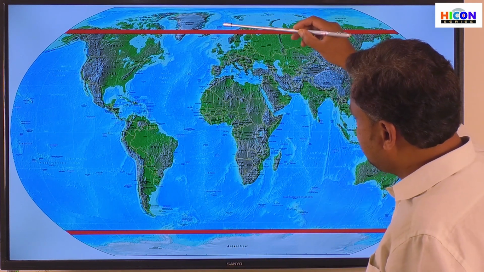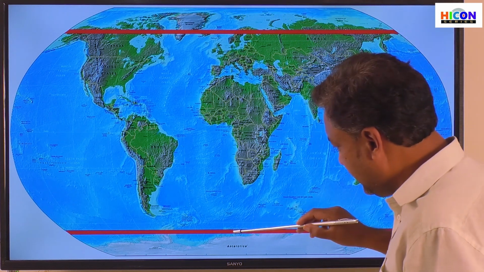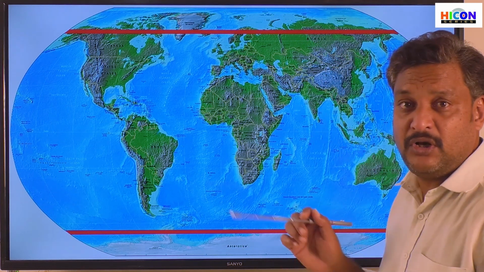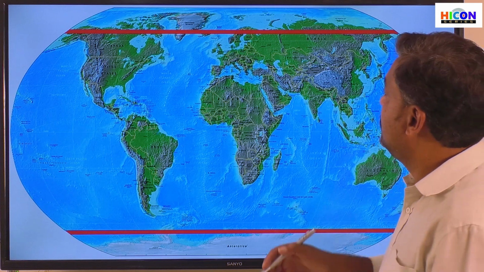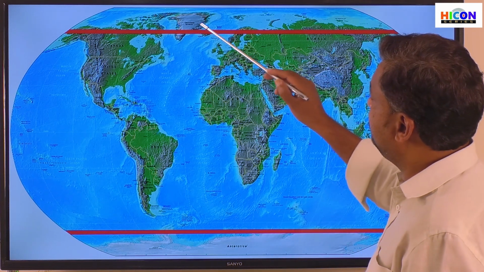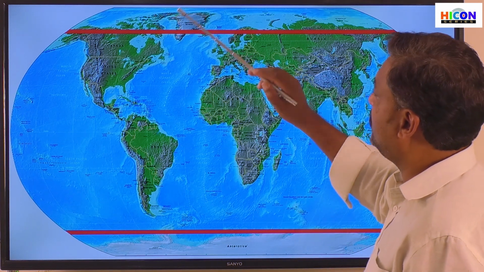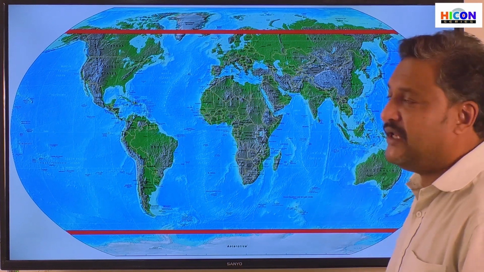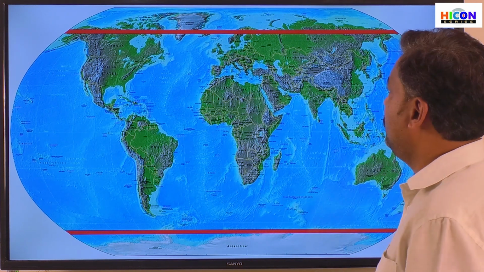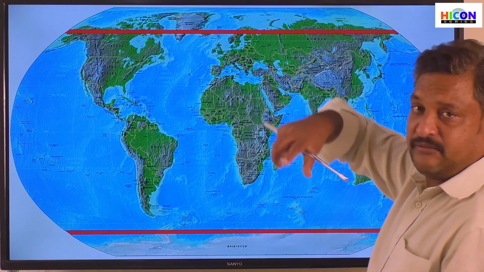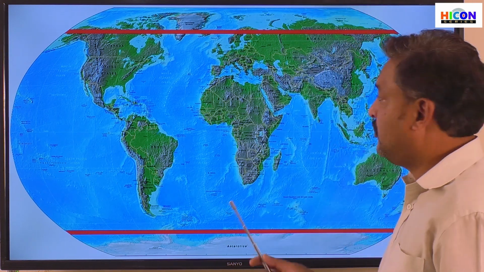This region is called the North Polar region, and this is called the South Polar region. So we are going to deal with this country today, Greenland, right? Now we will have a look from the top, from the North Pole side of this region.